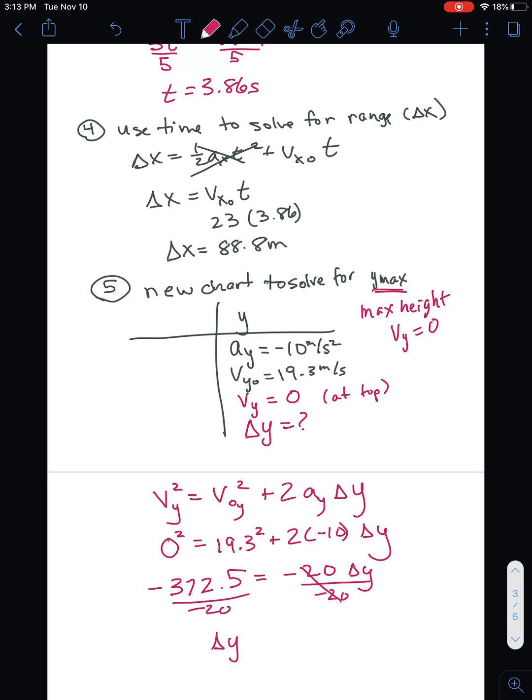And I get that my delta y at the top, that maximum height, is going to be 372 divided by 20, which is 18.6. So that is the maximum height that the projectile ever reaches.